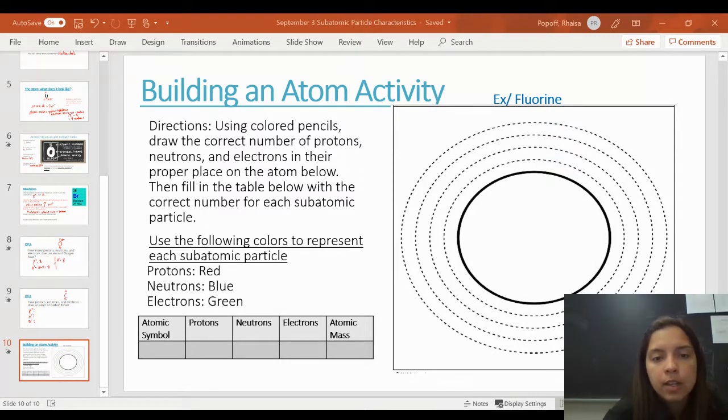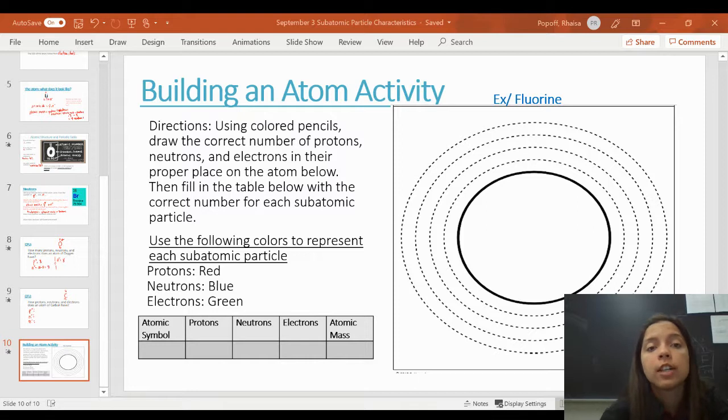So I'm going to do P with a positive charge, 1, 2, 3, 4. Then the next thing I have to do is the neutrons. So I have 5 neutrons, and neutrons are going to be blue. I've done my 5 neutrons.